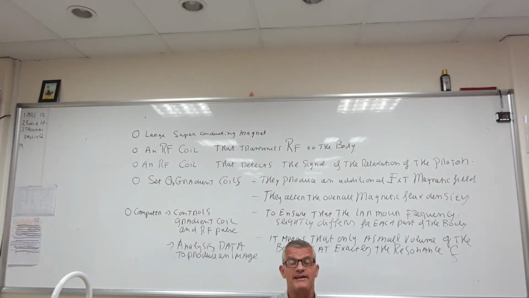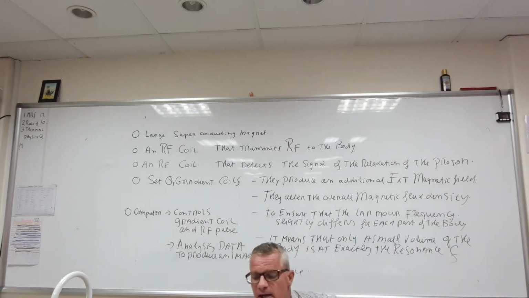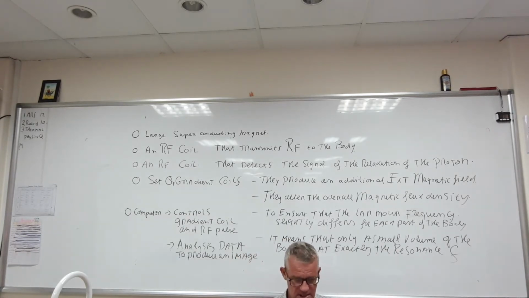The patient doesn't feel anything during the scan, and there are no after effects. And the computer images can be generated showing any section through the body. So that means we can easily get a three-dimensional image of the whole body, section for section.